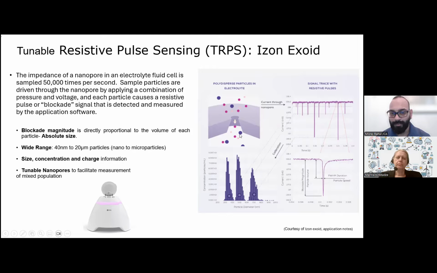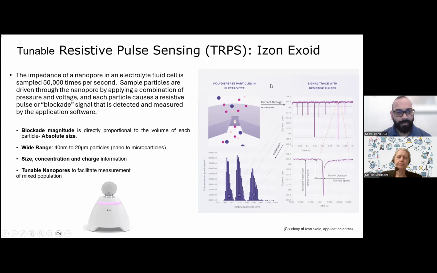As the particles flow through the pressurized channel, you see these kinds of signals, and the larger the signal, the larger the particle. That's how you resolve the particles in your formulation. Each and every particle passing through gives this kind of signal. That's why it's called a particle by particle approach.